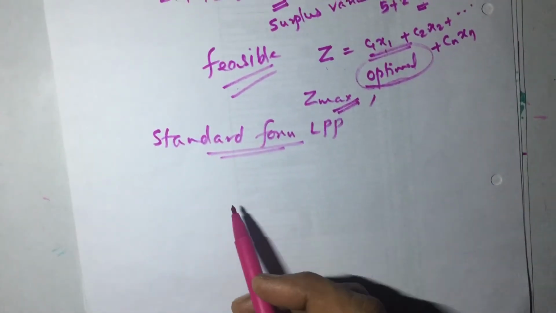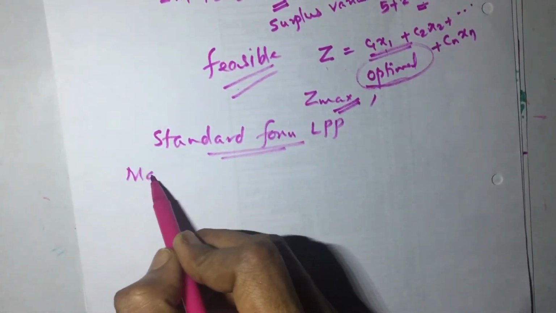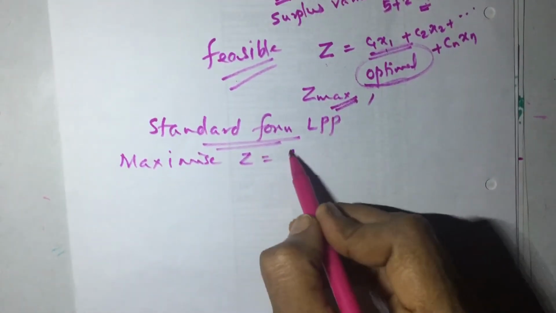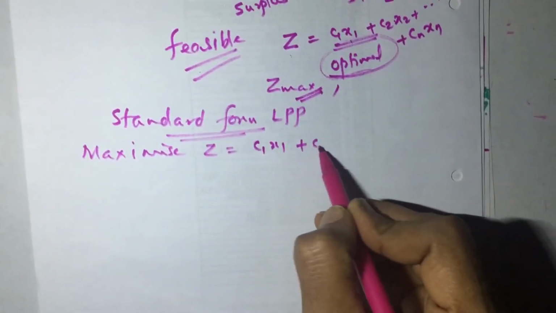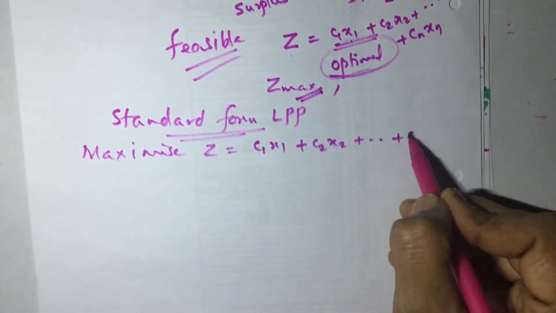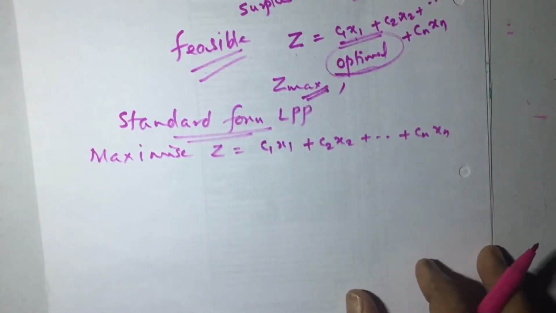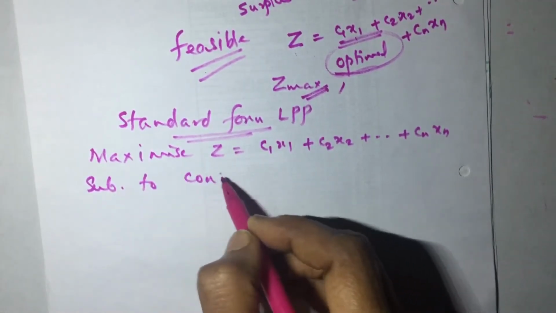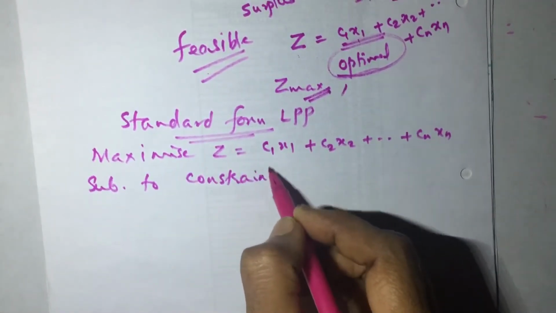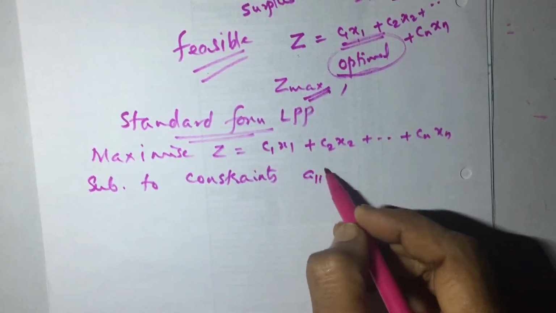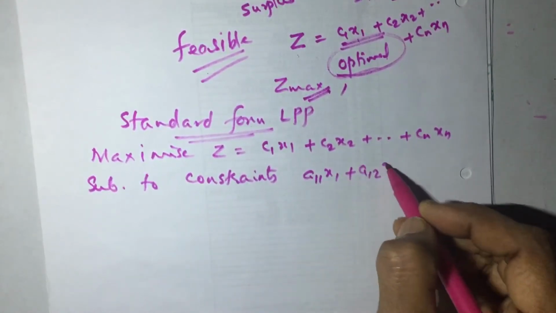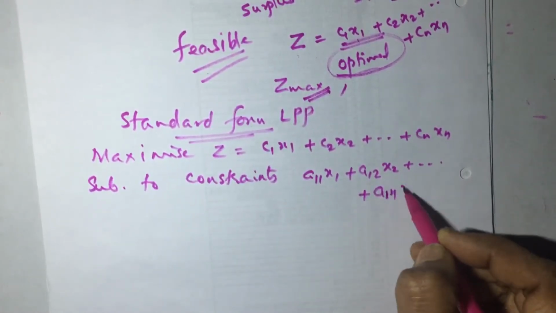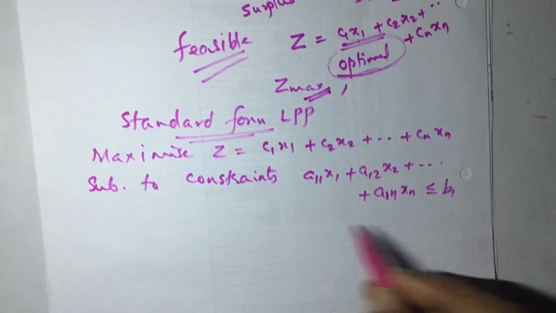Suppose I am given a question: maximize z equal to c1 x1 plus c2 x2 plus etc. plus cn xn, subject to the constraints a11 x1 plus a12 x2 plus etc. plus a1n xn less than or equal to b1, and so on.